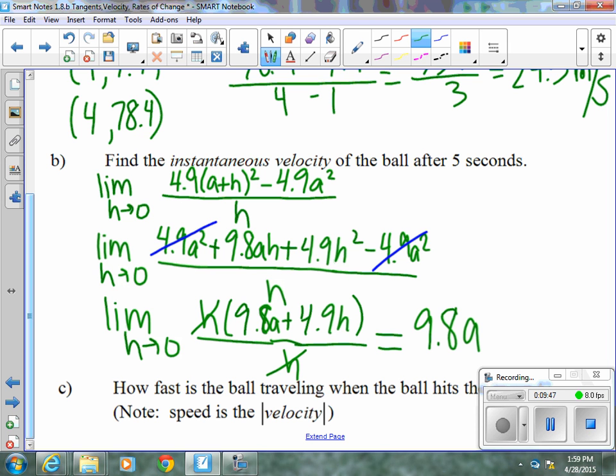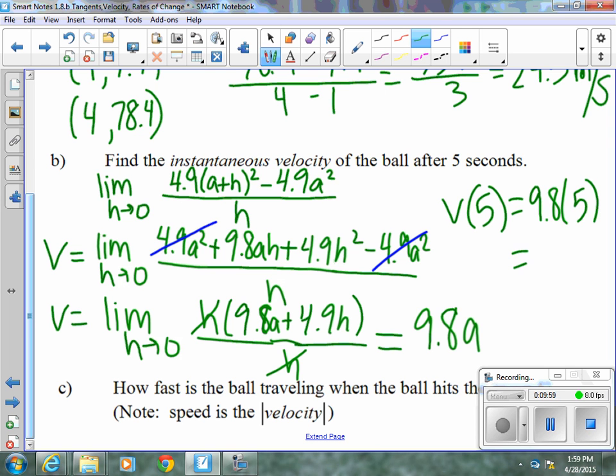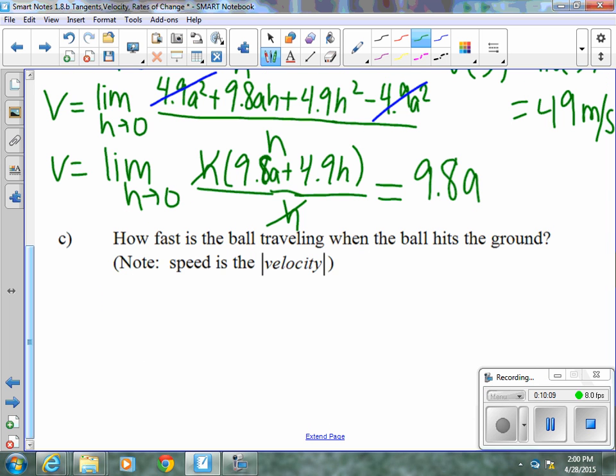So if we want it at 5, for velocity, actually, is what we're finding. The velocity at 5 is going to be 9.8 times 5, which is equal to 49 meters per second. Now, the next part asks, how fast is the ball traveling when the ball hits the ground?